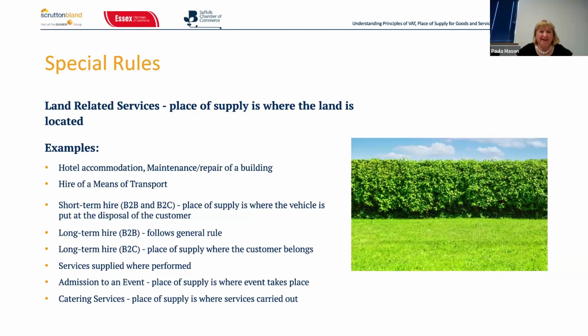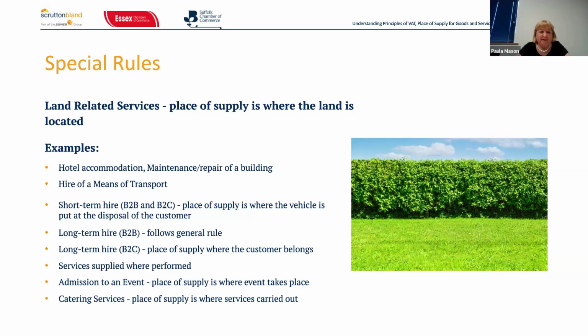We've got a problem with our slide pack here, so we have amended the slides, but there's another special rule that relates to hire of means of transport, so that should be bold here. For short-term hire of transport, B2B and B2C, the place of supply is where the vehicle is put at the disposal of the customer.